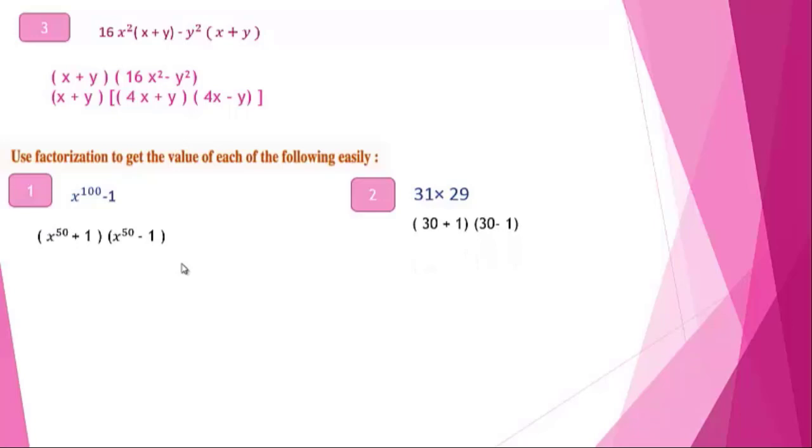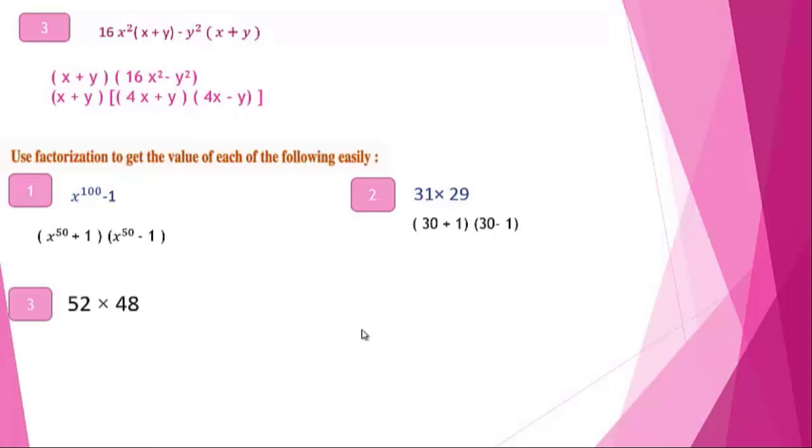We open a bracket and put 30 plus 1, and in the next bracket, 29 equals 30 minus 1. And we say this is the difference of two squares.